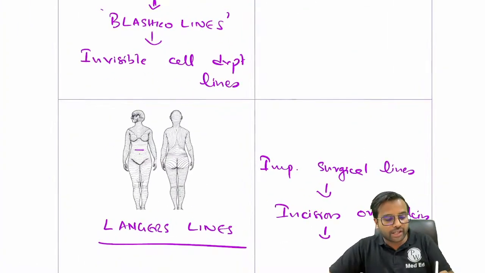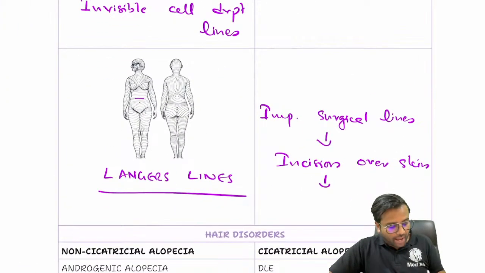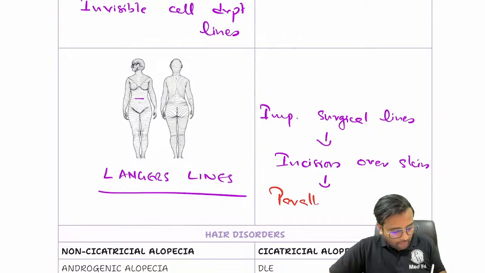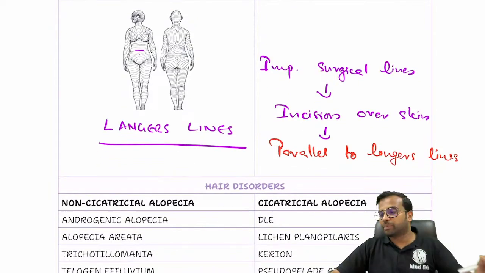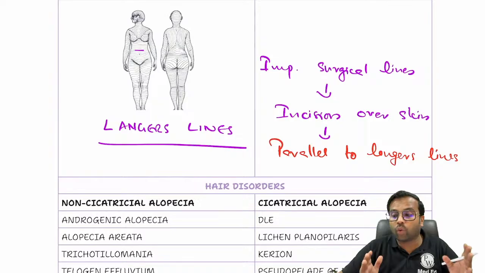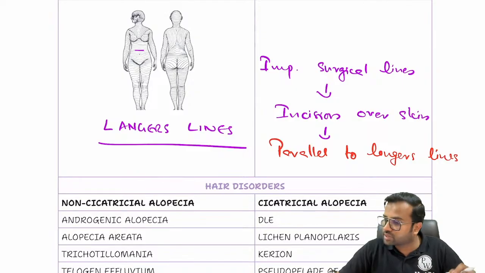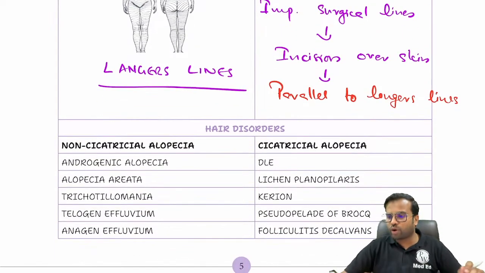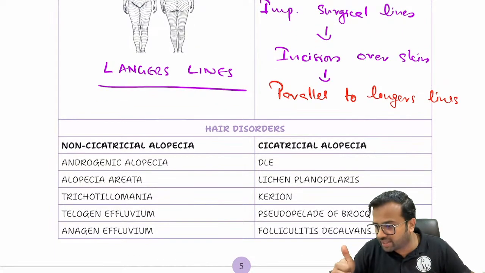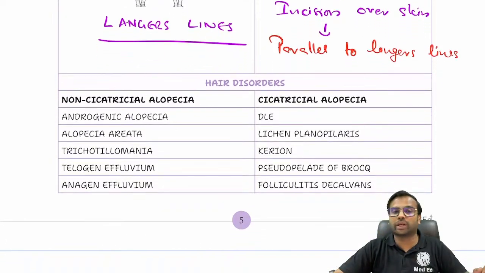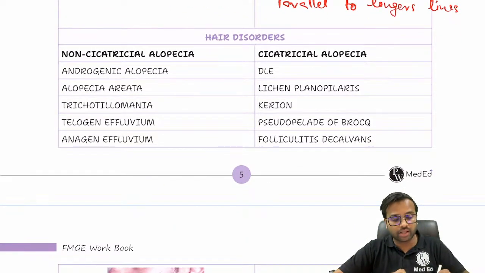The incision should always be given parallel to the Langer's lines. Why parallel? Because of better wound healing and fewer chances of scarring. So that is the most important point that you need to remember regarding Langer's lines.